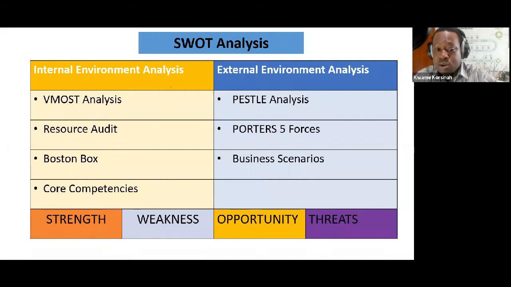The Boston box would enable you to look at the products. If it's a new product, the Boston box does not really help. But if it's an existing product, the Boston box can help you look at the products at its different stages. Is it a wildcat? If it's a wildcat, then you should be thinking about strategies to develop it into a star.